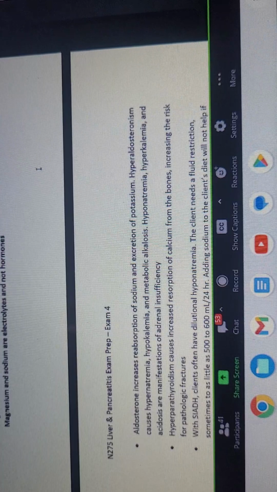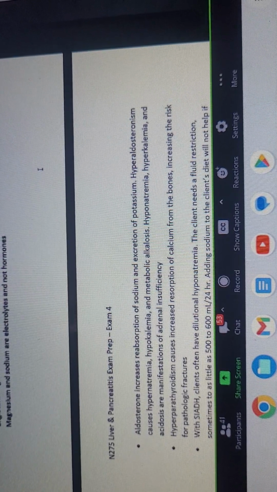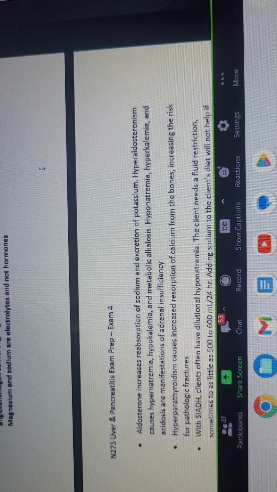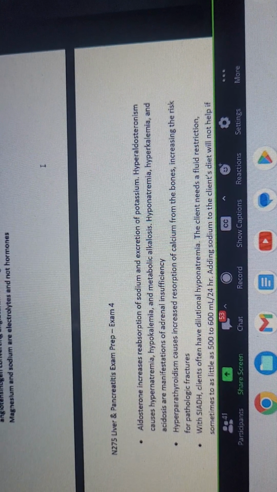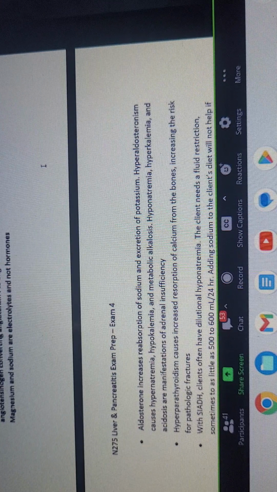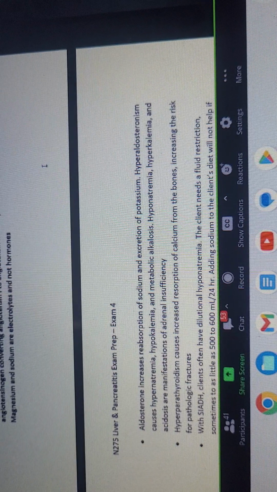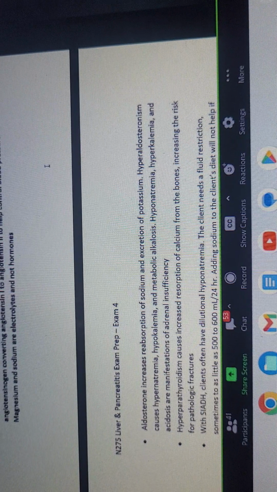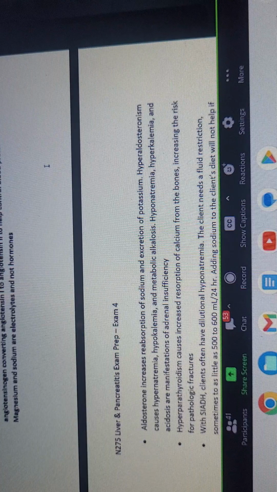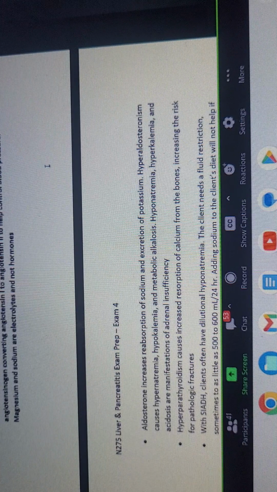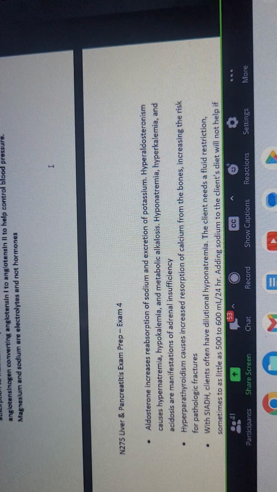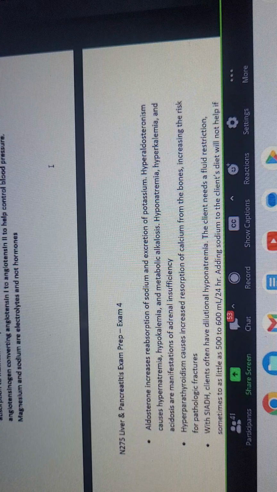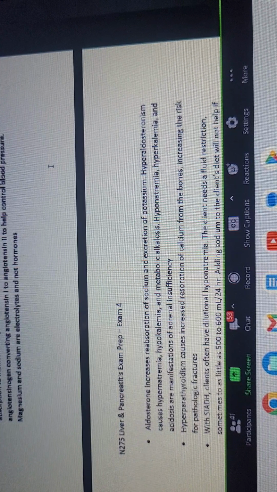Metabolic, think about because it's endocrine, so it's kind of metabolic in nature. And water follows sodium. So think about that. The more water there is, the less acidic it is. So it's going to be alkalotic. On the opposite, in hypoaldosteronism, you're going to have hyponatremia, hyperkalemia, and acidosis from that adrenal insufficiency. The aldosterone, there's not enough of it being produced.